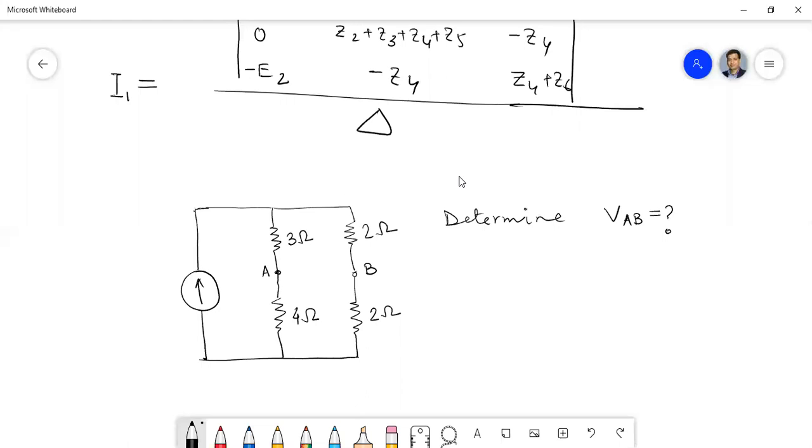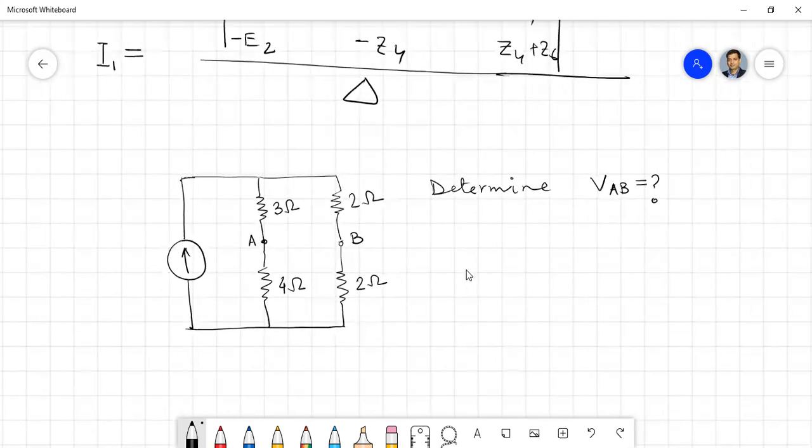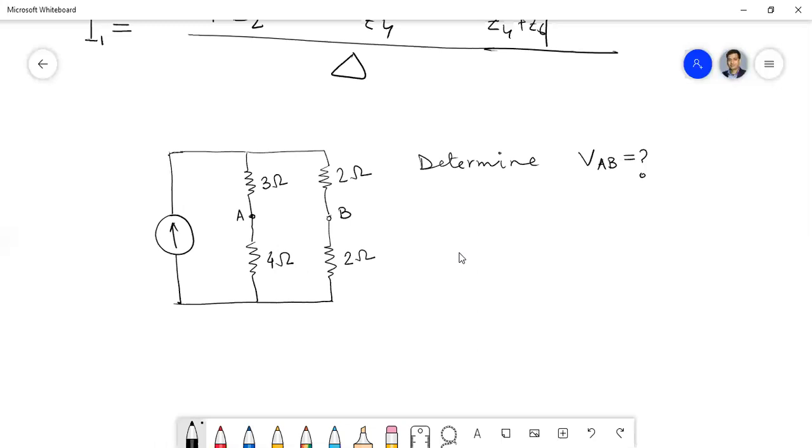So we have to see first whether we can calculate by using the loop current technique. Yes, sir, we can calculate the currents in branch A and branch B.